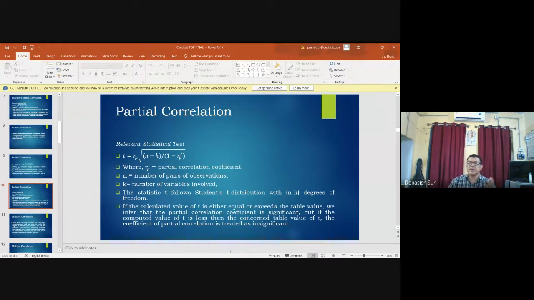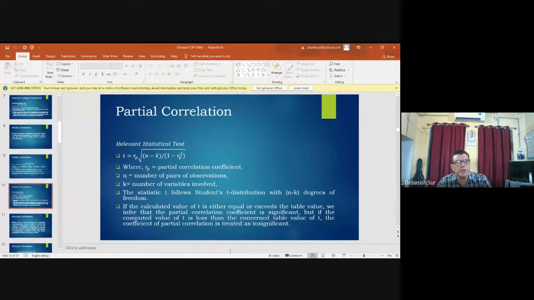Suppose we have used 20 years data. That means n equals 20, and we have three variables: yield of crops, amount of fertilizer used and amount of rainfall. That means k equals 3. So 20 minus 3, 17, is the degree of freedom. Again, the same principle we have to follow.